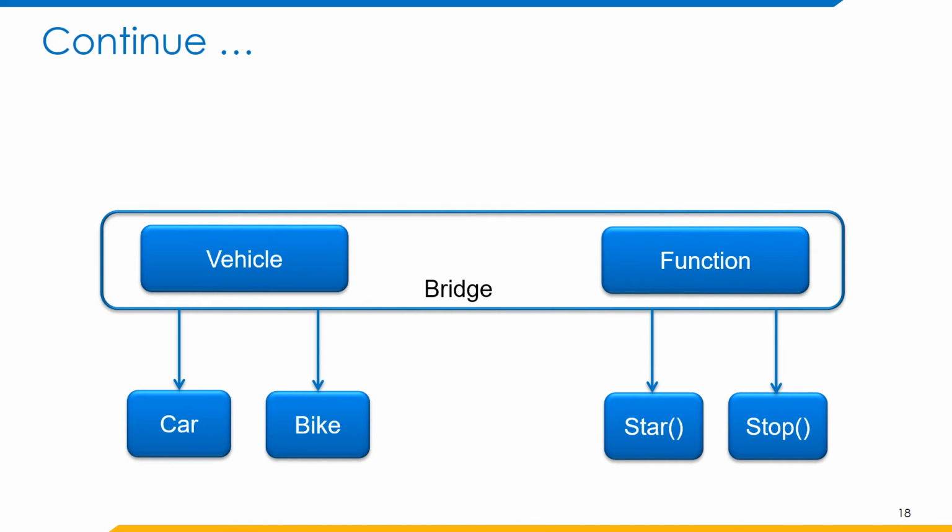So we can bind the particular car with the function and the bike with the function by providing the appropriate implementation.